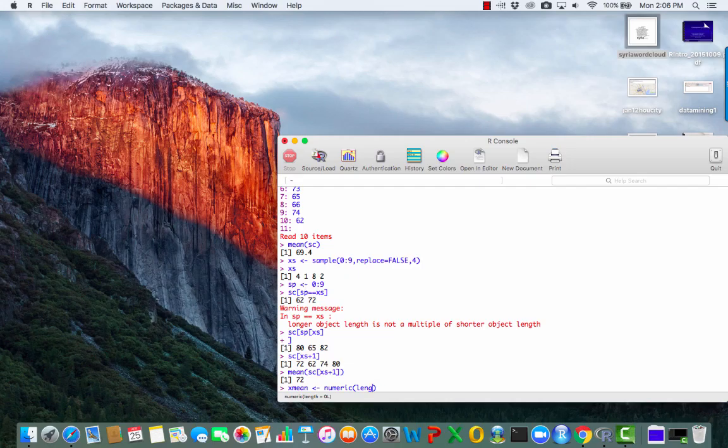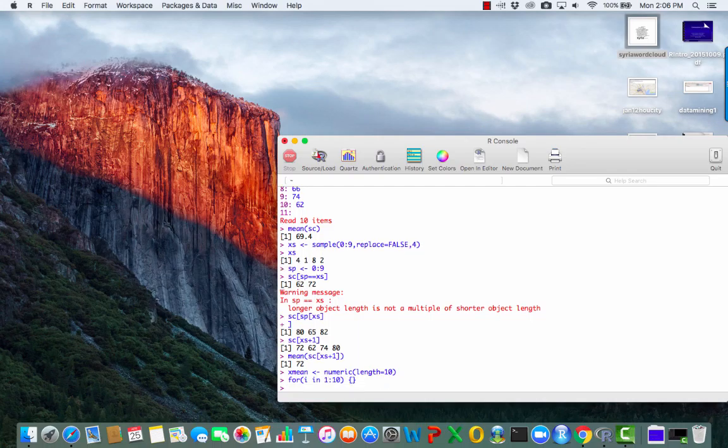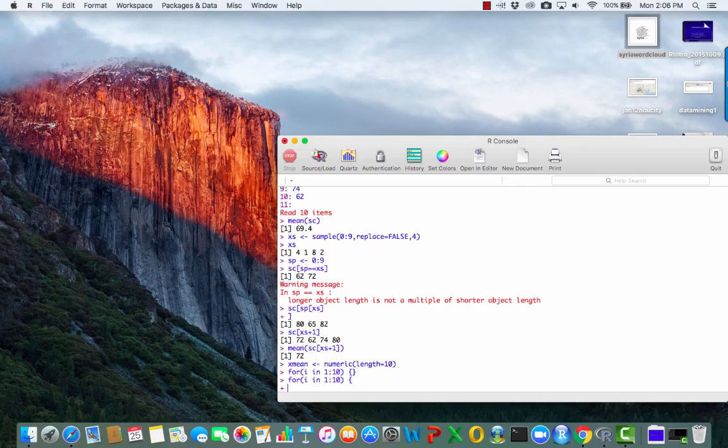And I want for i in 1 through 10, XS, so I want to do my sample. Actually, let's just do sample 1 through 10, replace equals false, and I want a size of 4.